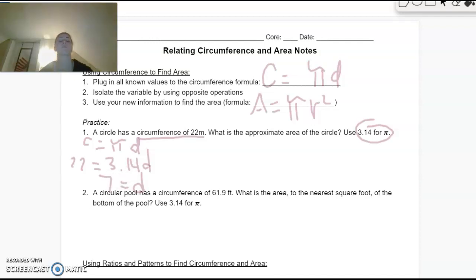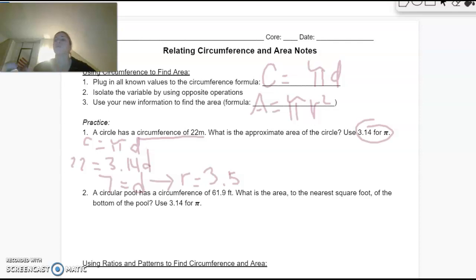Okay, we know that our radius is half the size of the diameter, so in this case, our radius, 7 divided by 2, gives us 3.5 for our radius, approximately 3.5.